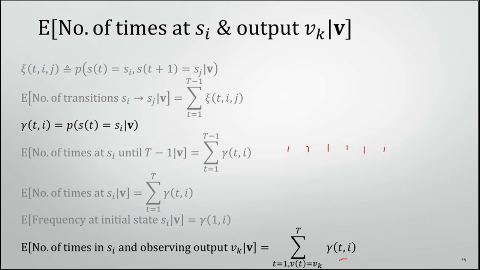For each time step we have a different value of gamma Ti. And suppose we observed this output Vk here, here, and here, 3 places. Then if we sum gamma Ti only for these places, we get the expected number of times in Si and observing output Vk given V.